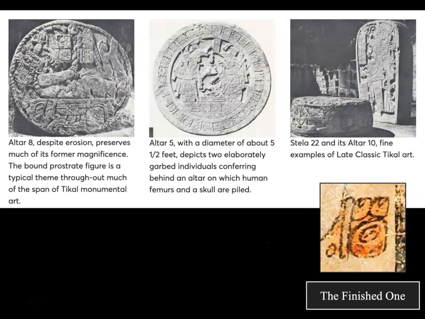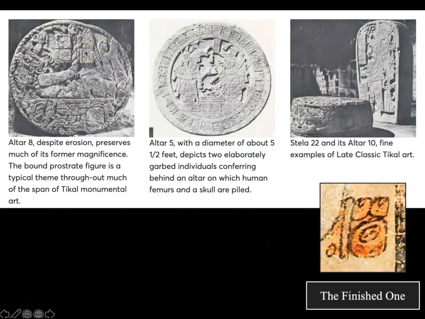And you can see it in a lot of this, in these reliefs from stelae and other structures as well, in front or behind the altars, in which you can see sacrifices occurring. The sacrificed individuals are often called the finished one, and so you can see that glyph in connection with these figures.